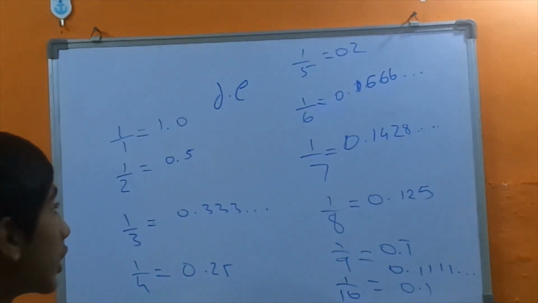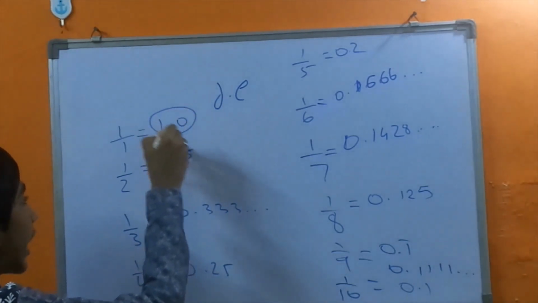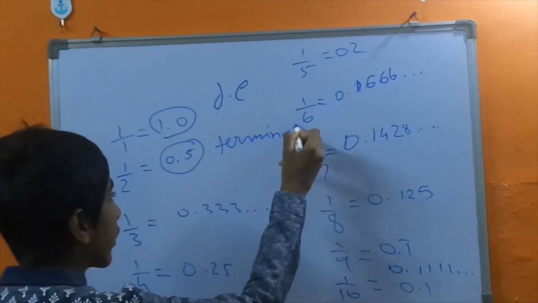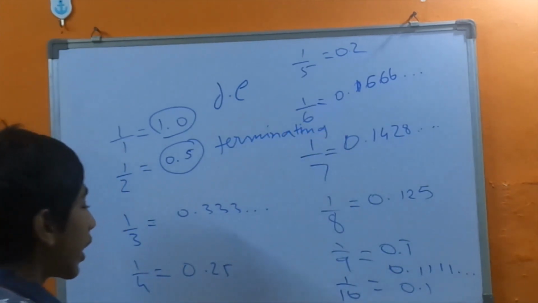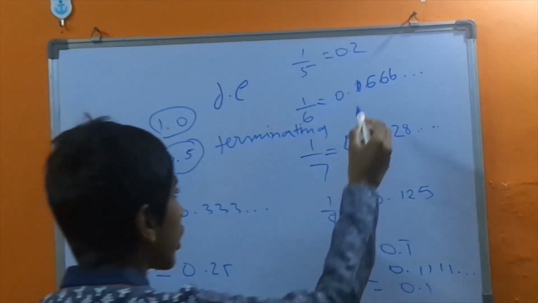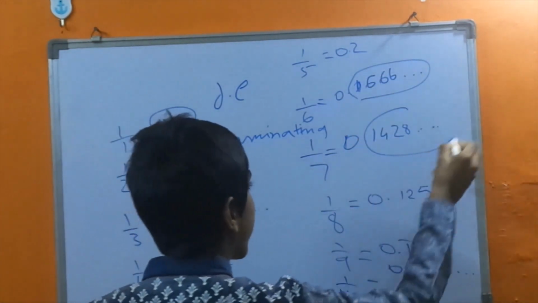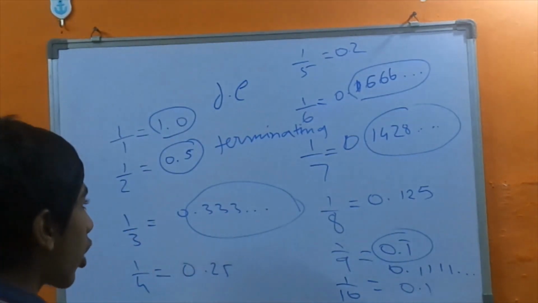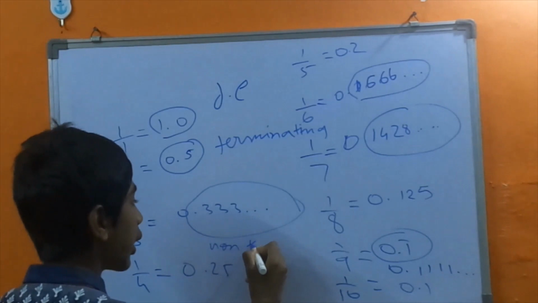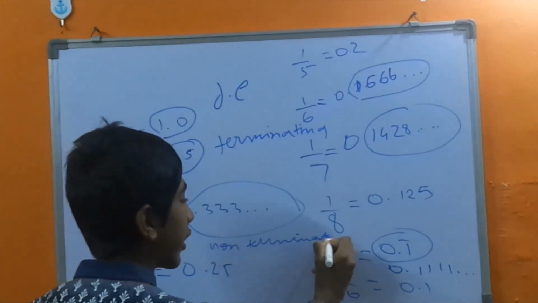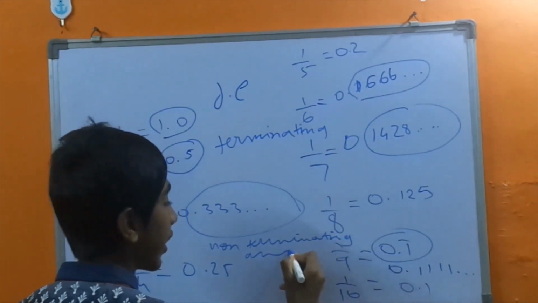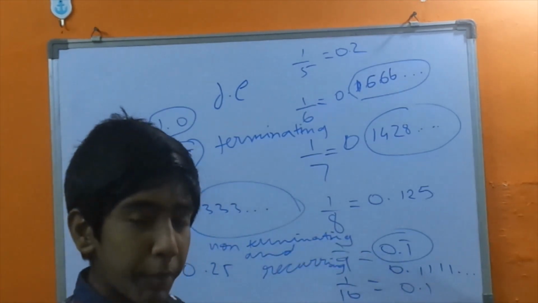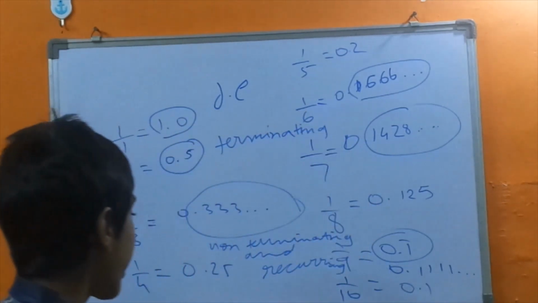The decimal numbers which end are called terminating, and which do not terminate and repeat themselves are called non-terminating and recurring, or repeating, anything we can say.